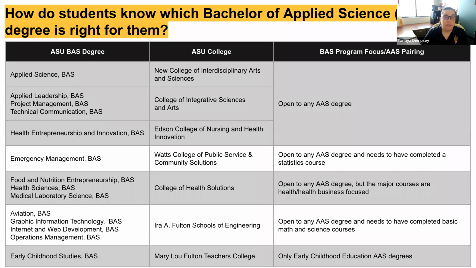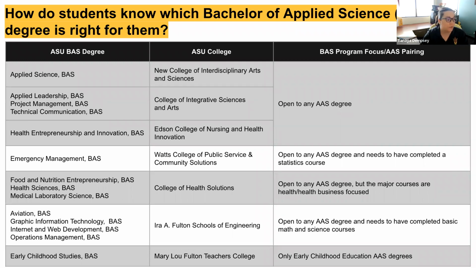So we do a lot of work to align the AAS degrees in the state of Arizona to our BAS degrees. However, if a student's like, but I still don't understand or I don't know if this is a good fit for me, we've broken down, based off of information we've received from our different colleges that have a BAS degree, what they're going to accept as an associate of applied science.